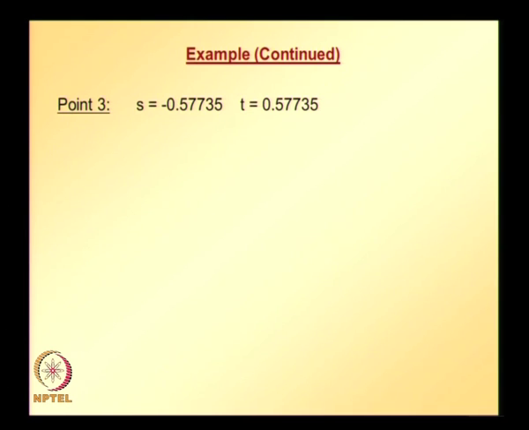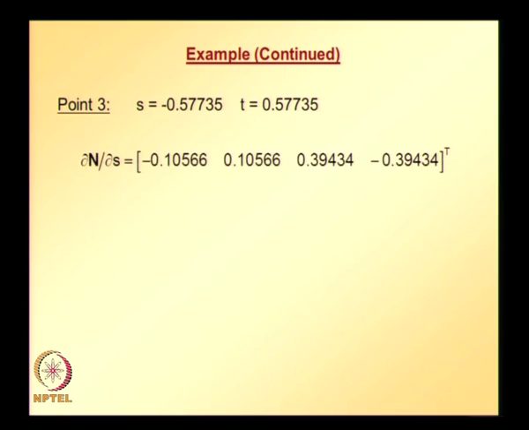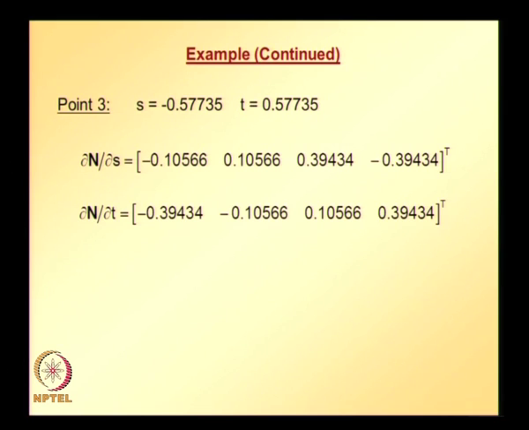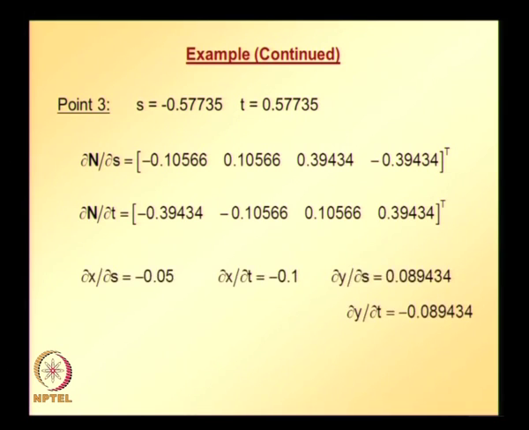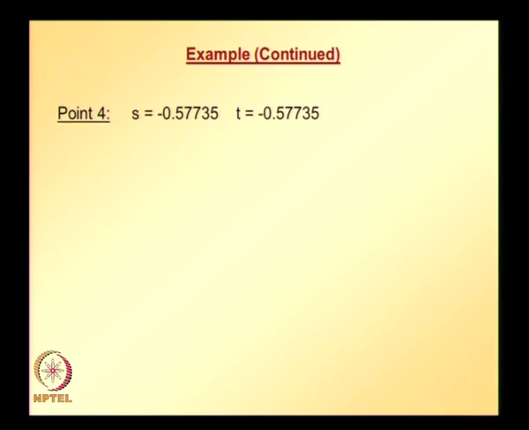Point 3 is chosen as S equal to -0.57735, T equal to 0.57735, derivative of the shape function vector with respect to s, derivative of the shape function vector with respect to t, derivative of x with respect to s, x with respect to t, y with respect to s, y with respect to t, determinant of J, bx vector, and once we calculate the bx vector from that information, we can calculate the contribution from this third integration point to the matrix kx.